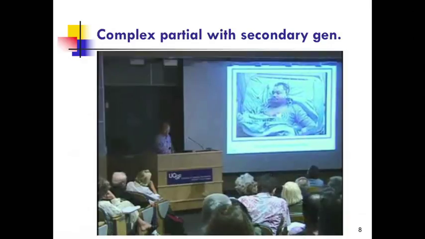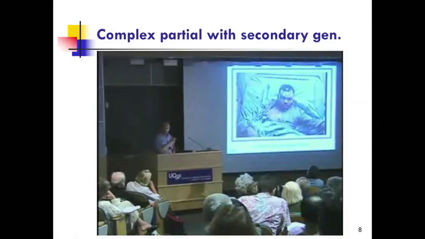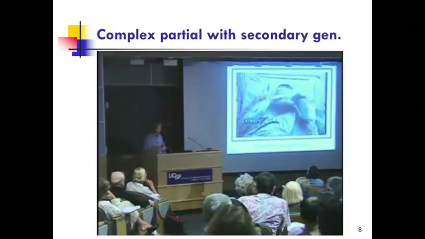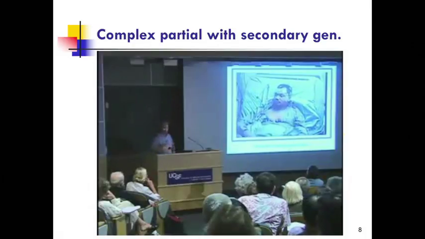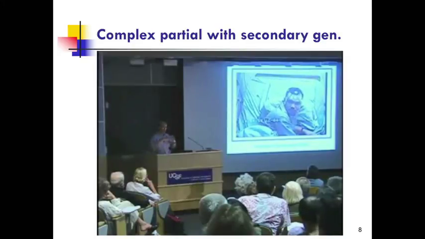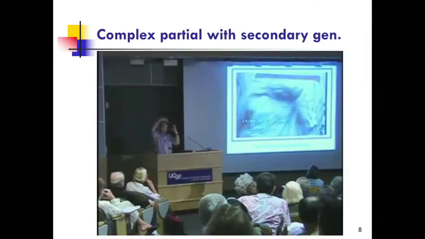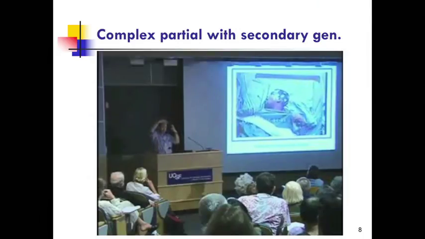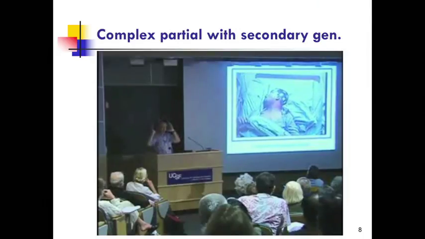The complex partial seizure has started here. You see that he is confused. Then it has generalized now. So this is the tonic-clonic feature.